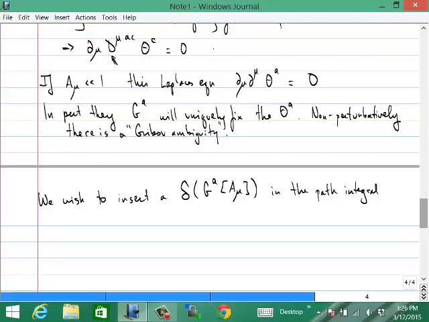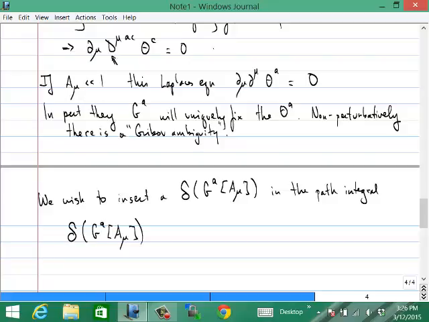And now remember, we want to fix the value of theta, and there's one theta for each point in space-time. So when I write this delta function of G^A, I'm not really talking about a delta function, I'm talking about a delta functional.